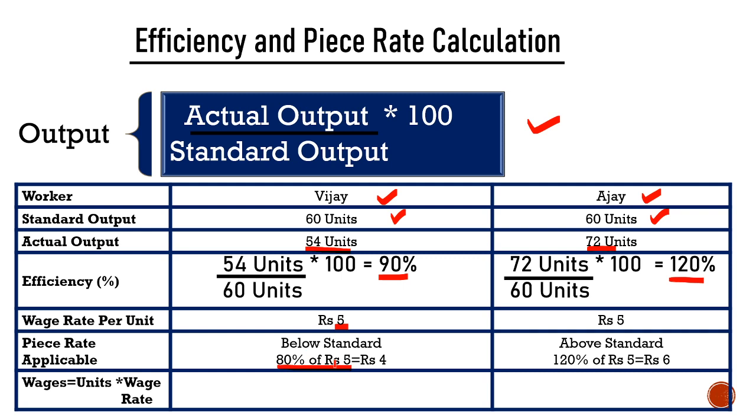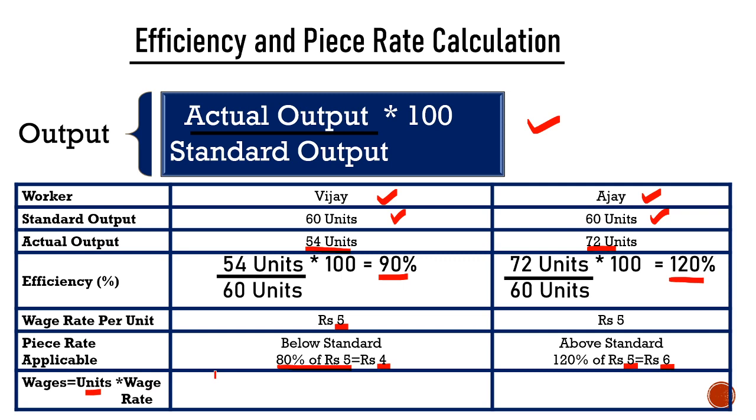So 80% of 5 rupees is 4 rupees per unit, and Ajay is rewarded by giving 120% of normal piece rate. Here normal piece rate is 5 rupees per unit and 120% of 5 rupees is 6 rupees. Now to calculate wages under Taylor differential piece rate plan, our formula is units manufactured by the worker into wage rate.